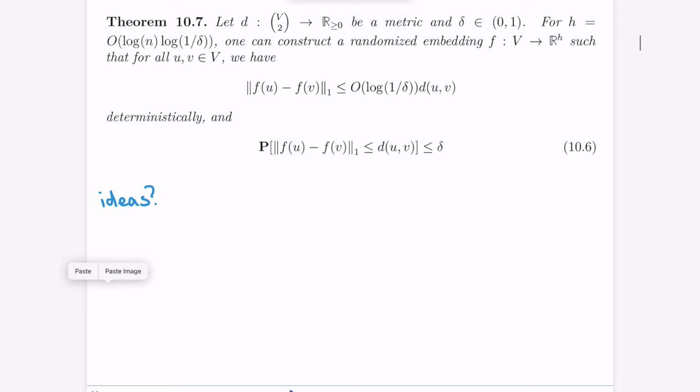Okay, so before I unveil this, I wanted to give you all an opportunity to think of ideas. Remember, this time it's just a generic metric. You can think of a shortest path metric as something to challenge your imagination, because you don't even have coordinates to work with.